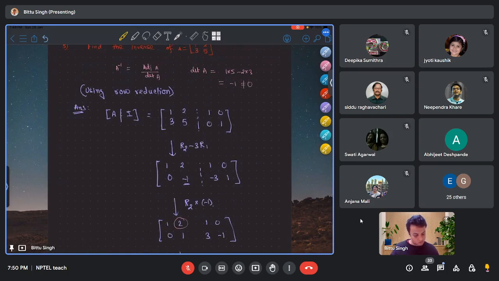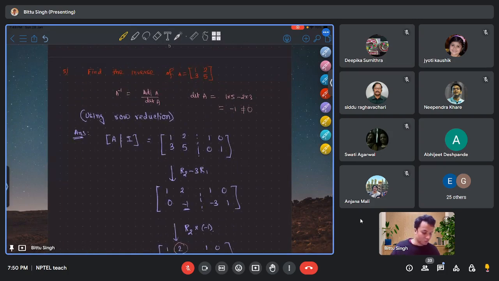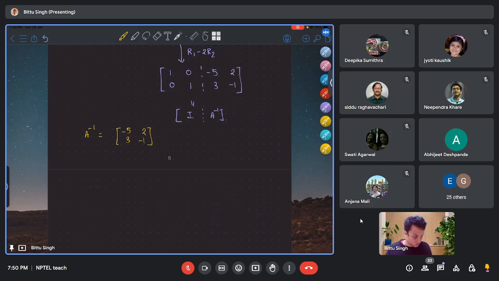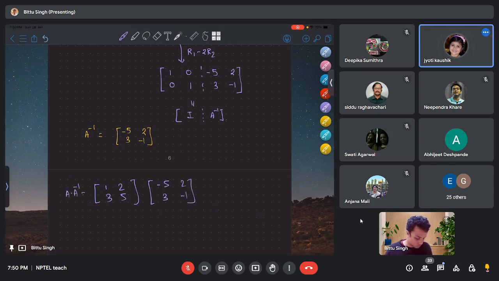So you can simply multiply 1, 2, 3, 5 with this. Let us see what is happening. 1, 2, 3, 5 into minus 5, 2, 3, minus 1. Here it is done actually.